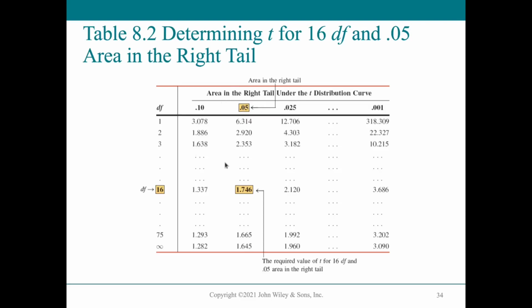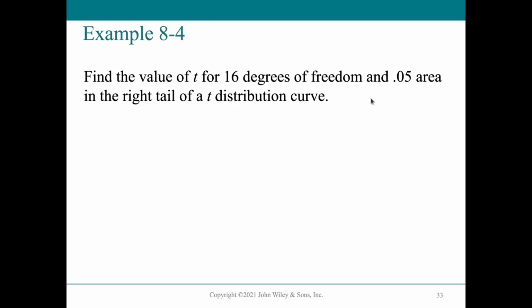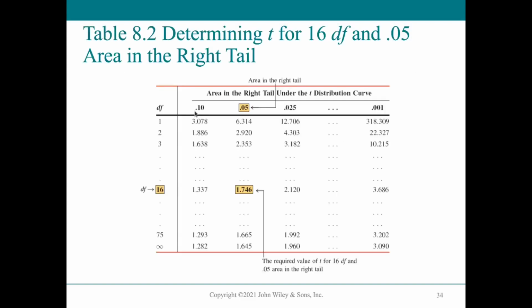For example, from our example here, if you want to know the t value for an area of 0.05 to the right, we look at the header, unlike the normal distribution where the area is in the cells, the actual data. So the area is 0.05 and the degrees of freedom is 16. So the value of t here is 1.746.